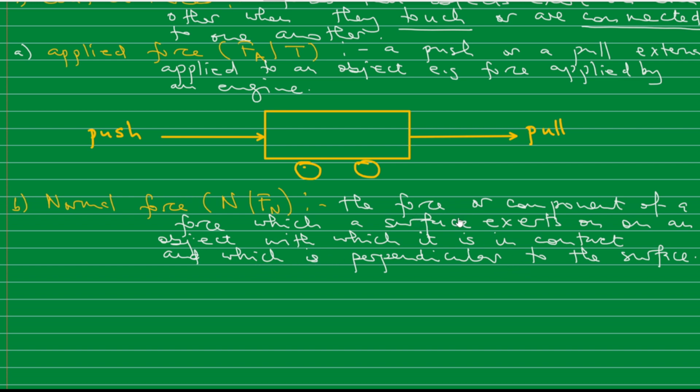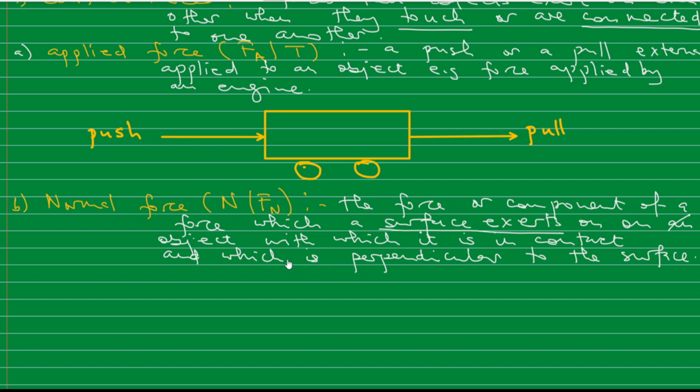Now we need to take note of a few terms here. One, we are saying that a normal force is a force which a surface exerts on an object. Okay, so it is the surface that is exerting the force.